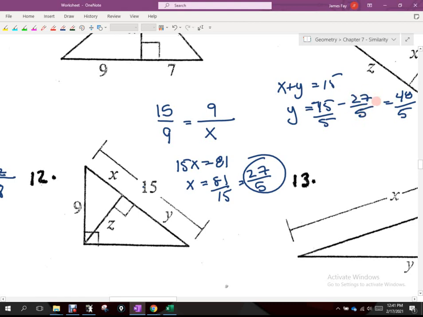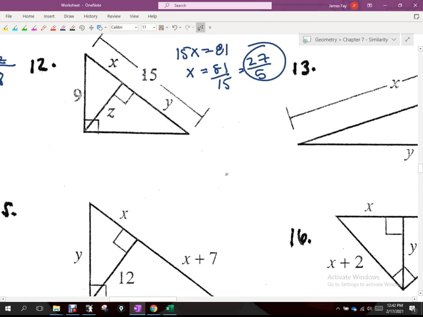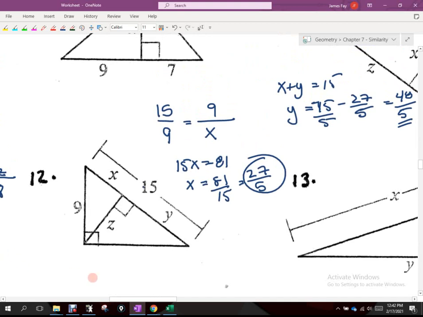If this was 25 fifths, it'd be 50 fifths, so I think that's right. And now, if I want to find z, z is my altitude. It goes there and there, between x, which we just said was 27 fifths, and y, which we just said was 48 fifths.